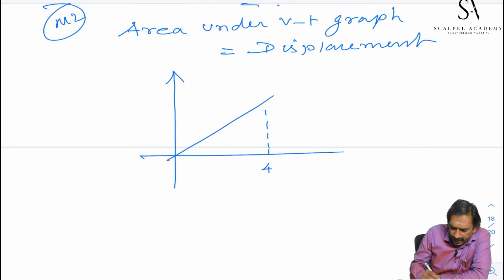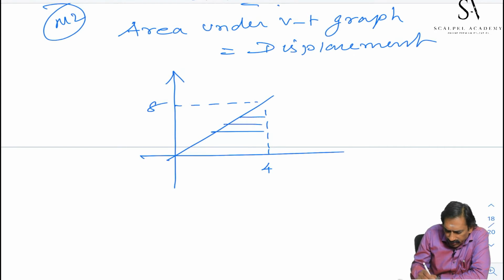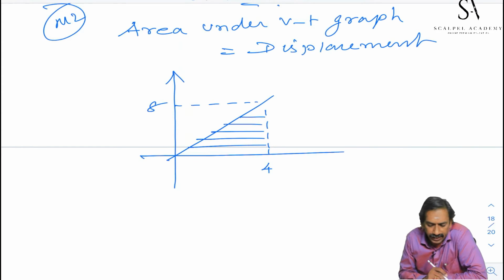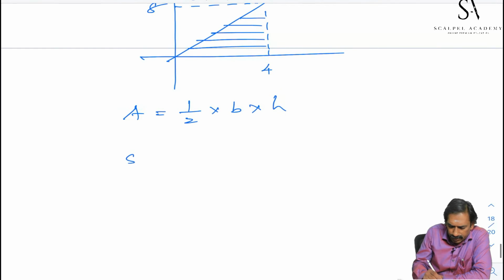After 4 seconds, velocity is 8 meter per second. Area of this triangle we have to calculate. This is the area enclosed by the graph with the x-axis. That's equal to half into base into height. That is the displacement.